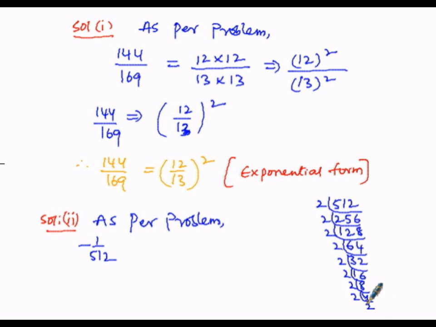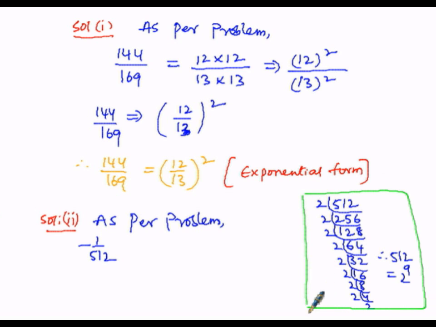Repeatedly multiplying, 1 2 3 4 5 6 7 8 9. Therefore 512 can be written as 2 to the power of 9. This is the rough work, so we can substitute 512 as 2 to the power of 9.